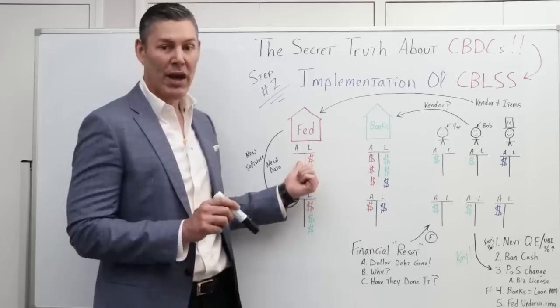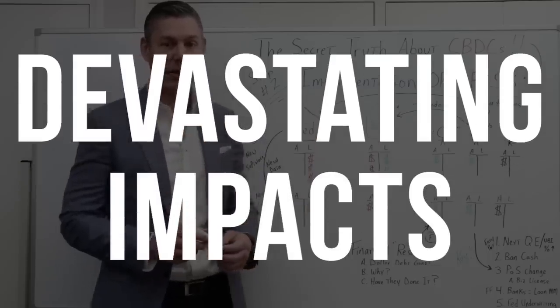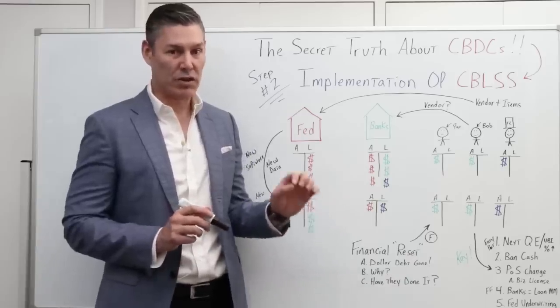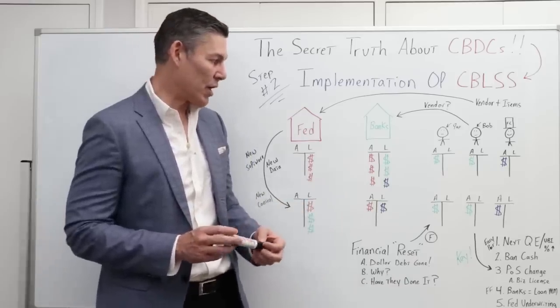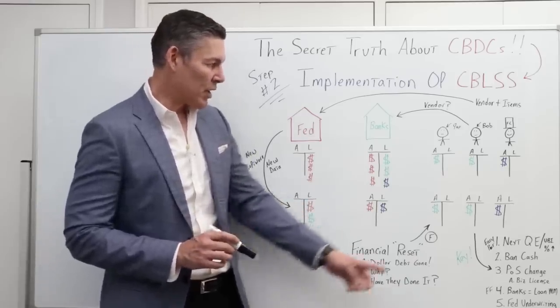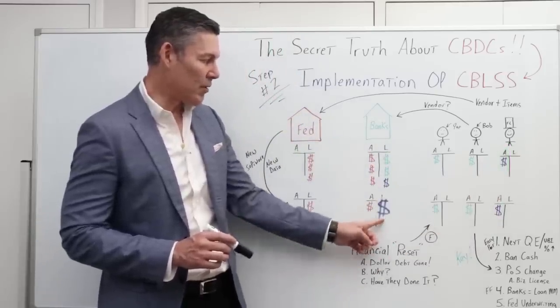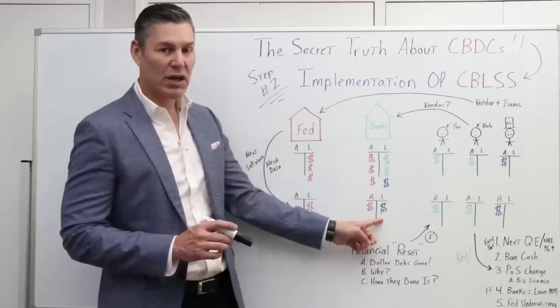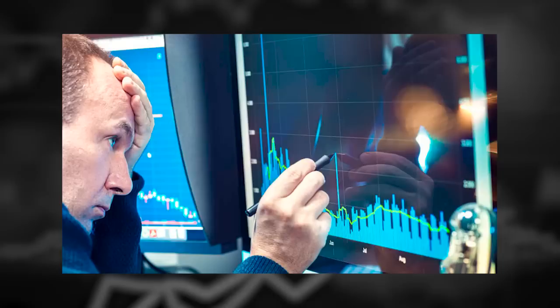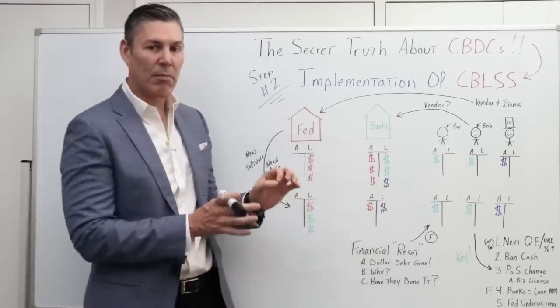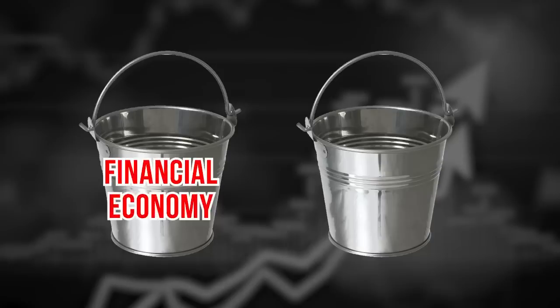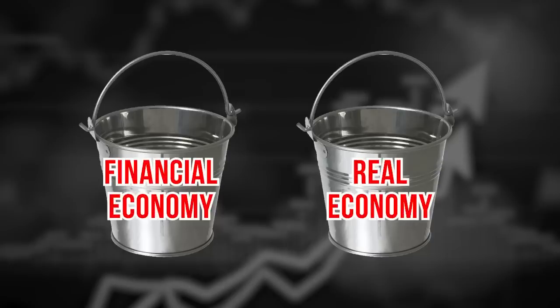And that would have devastating impacts for society at large, not just the real economy. So the assets of the fat cat will remain on the bank's balance sheet so they can continue with their financial economy. It's almost like we're compartmentalizing the financial economy from the real economy.